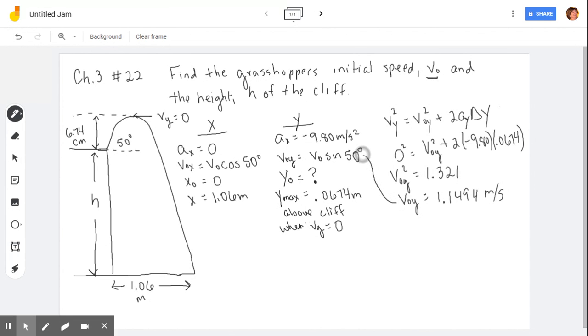I'm just going to use that relationship there. V0y equals V0 sine 50. 1.1494 equals V0 sine 50.